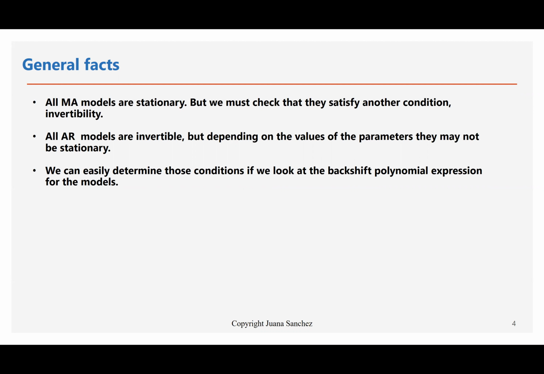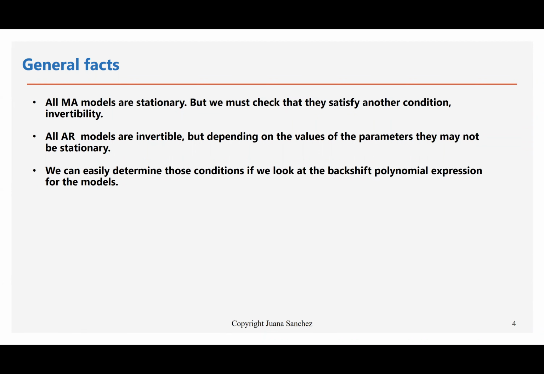So if it's an MA of order 1, lags 2, 3, 4 and on have autocorrelation 0. If the order is 2, then after lag 2, that means r sub 3, r sub 4, r sub 5 will be non-significant, right?